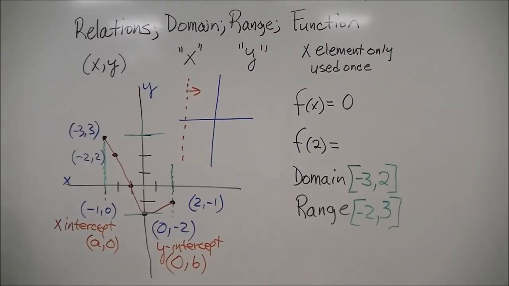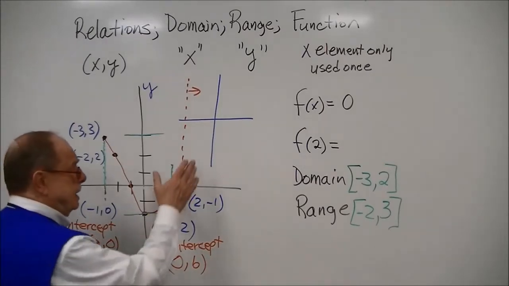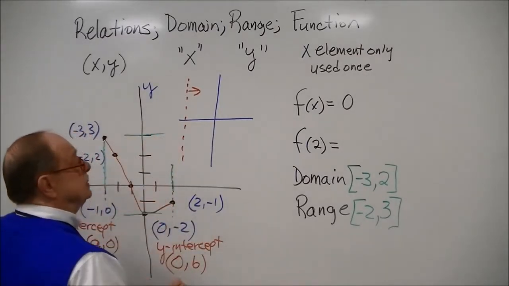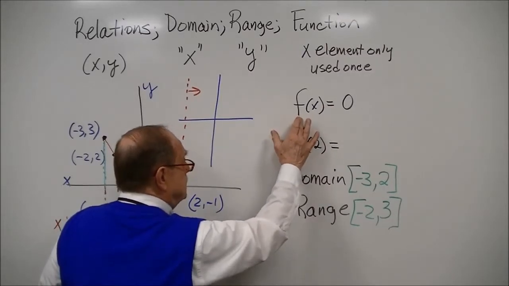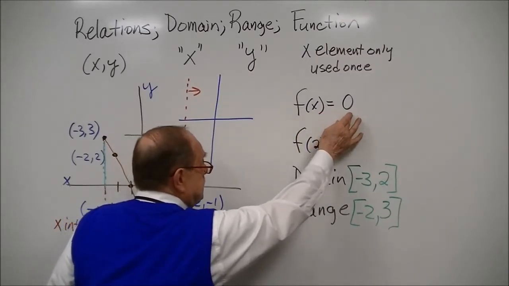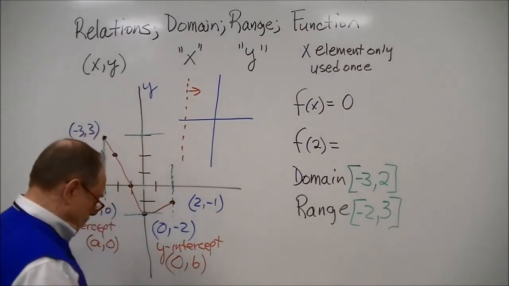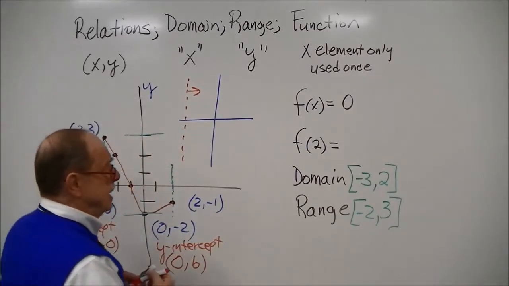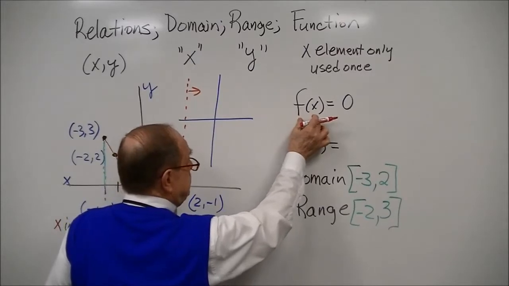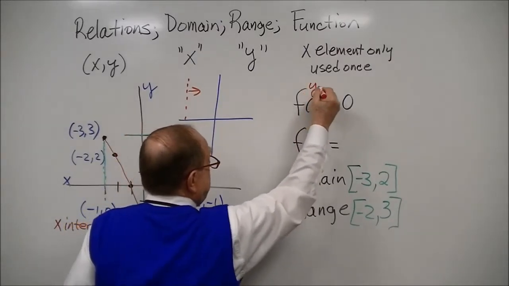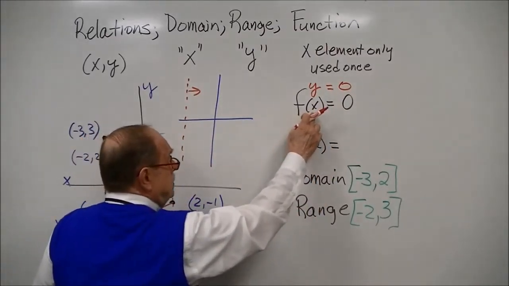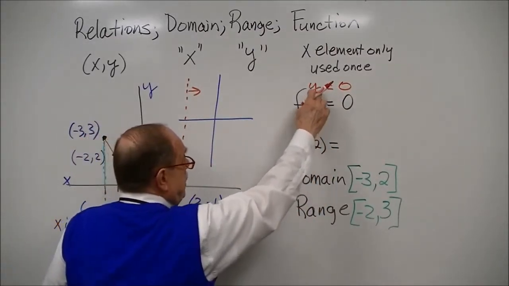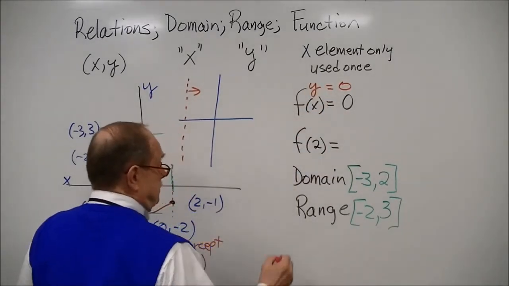Now, a couple of other questions that you sometimes run into is, in this function illustrated by this graph, what is the function of x when it equals 0? Well, keep in mind, we had said in the past that function notation we can replace with a y. So what is the value of x when y is 0?